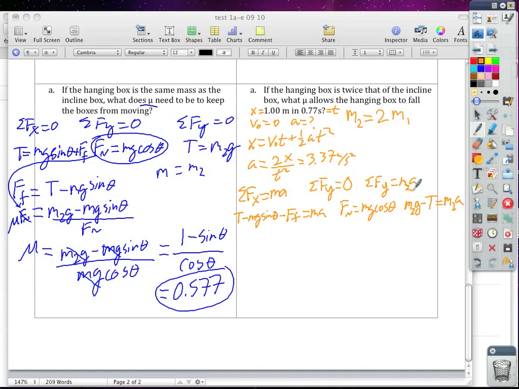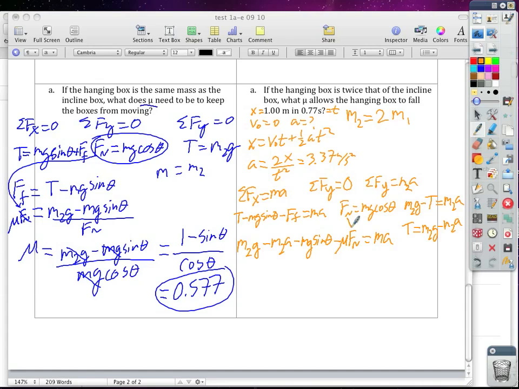Just solve it. The whole thing is you're looking for mu. Where is mu? It's inside of here. I'm going to do this right away. T is equal to M2G minus M2A. And that's going to allow me to substitute that in here. So I'm going to substitute like that first. So I'm going to get M2G minus M2A minus MG sine theta minus, instead of FF, I'm going to put mu Fn equals MA.